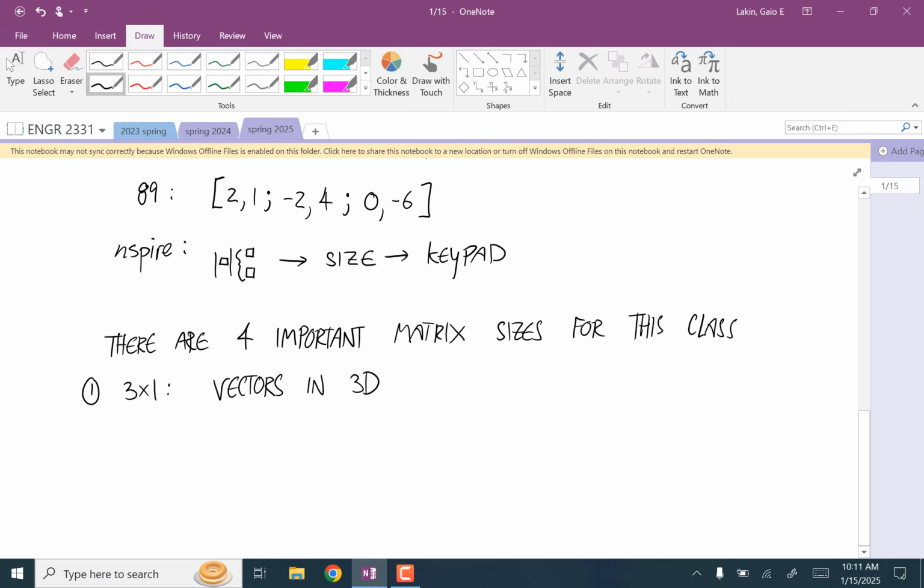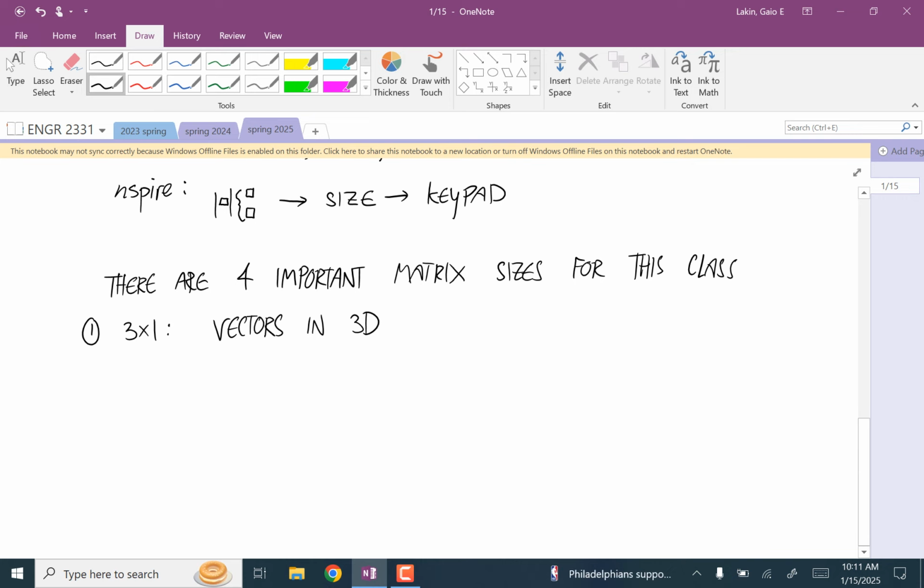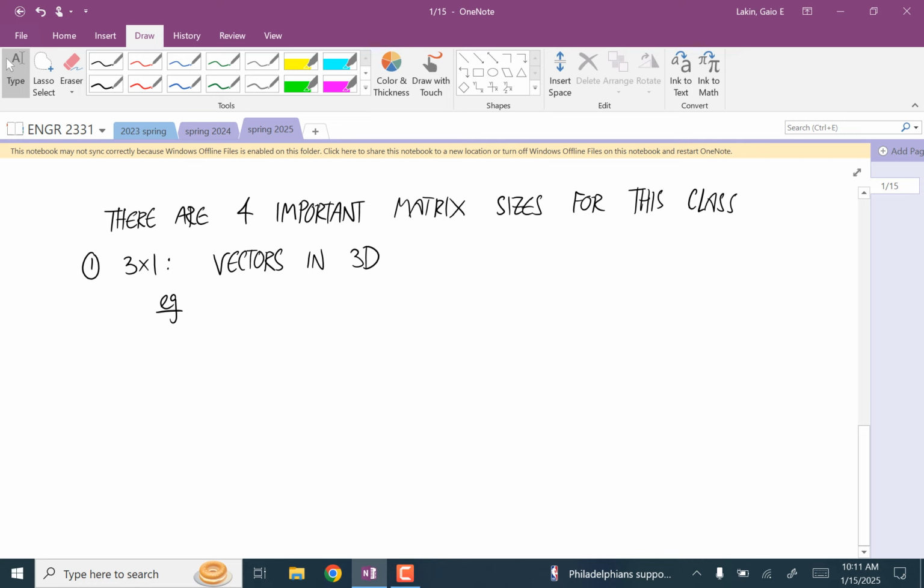In this class, just about everything is going to be 3D rather than 2D. So, I don't probably have to give you an example of this, but I will. The force vector could be like 10,000, -15,000, +5,000 in newtons.